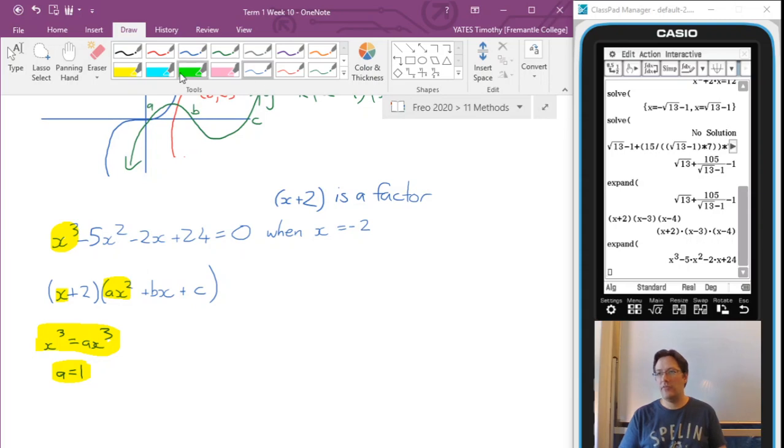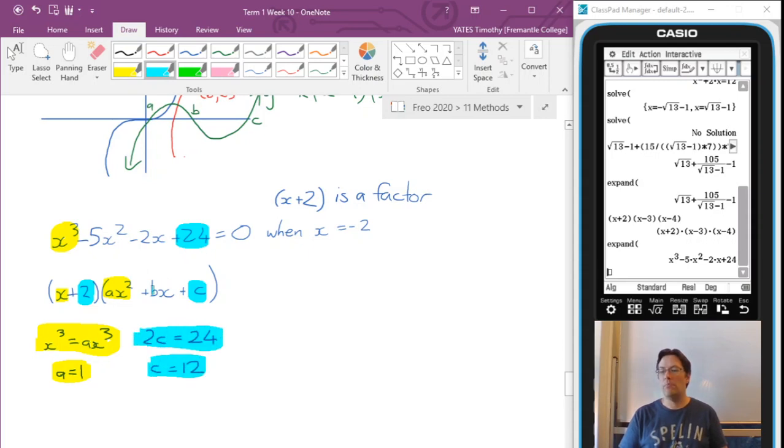The next easiest one to do is the constant term. There's only one way to get a constant term: 2 times whatever c happens to be. So 2c equals 24, because this has got to expand into that one. So c is equal to 12.